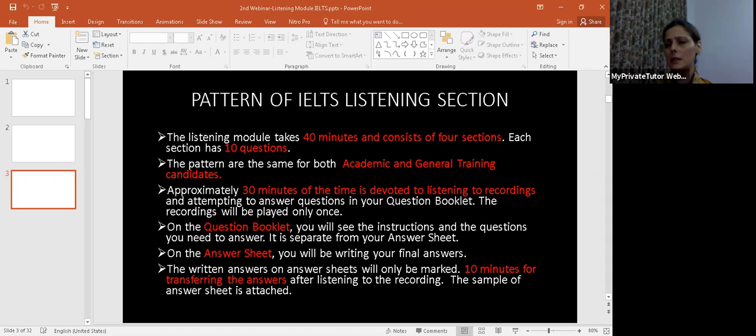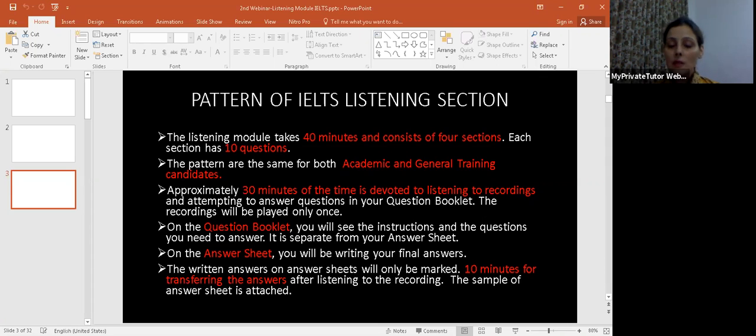You have at least 10 seconds or so, because you're going to make up your mind what sort of recording you're going to listen to afterwards. As soon as you have a look at the questions and then the recording plays, you will be able to grab the information more quickly. So you have to be very focused, because the recording is going to be played only once.